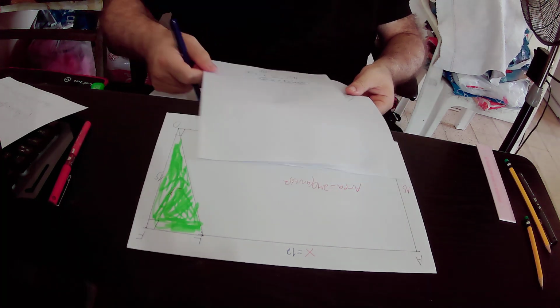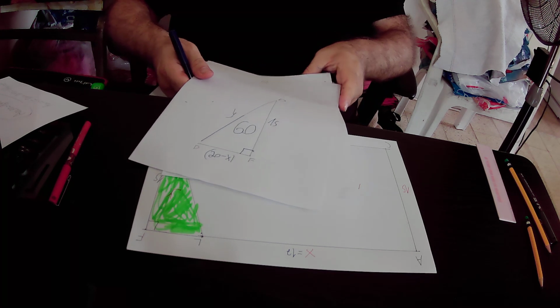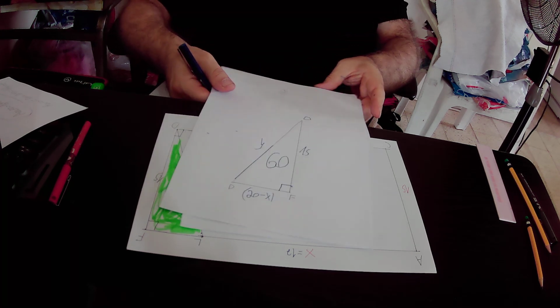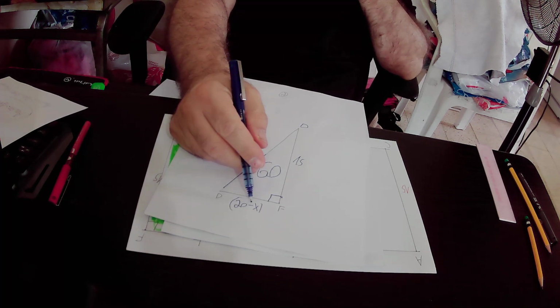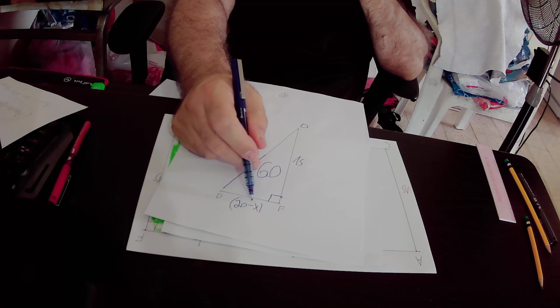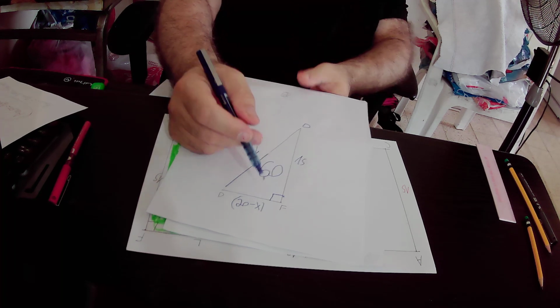Now we know that 20 minus x is 20 minus 12, which equals 8 units.